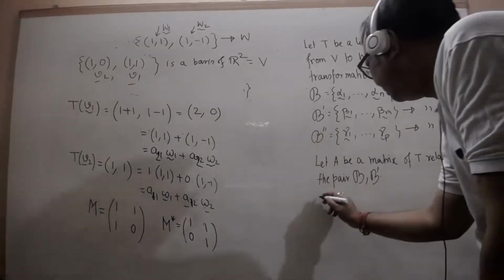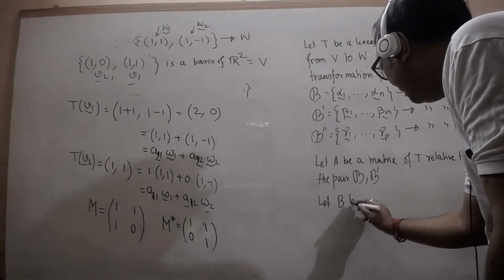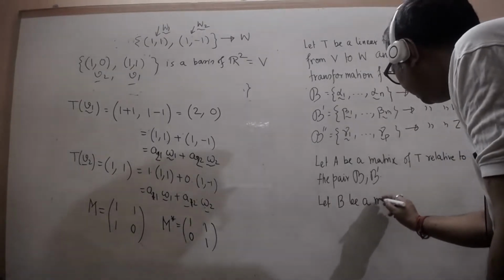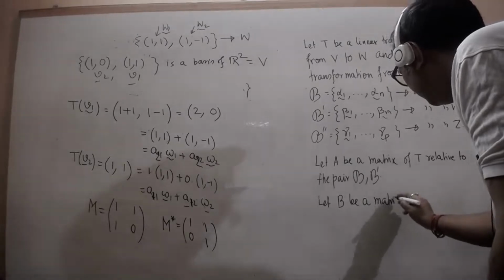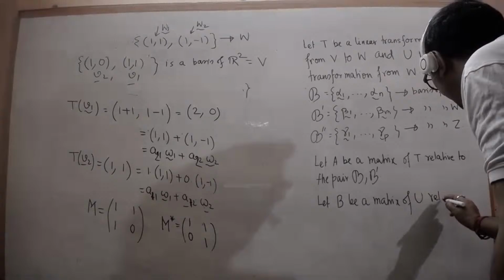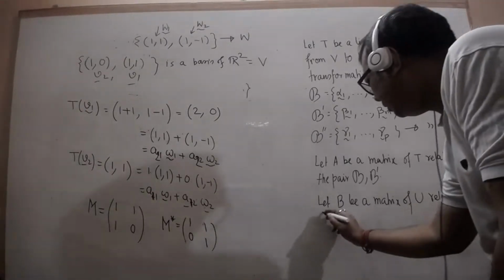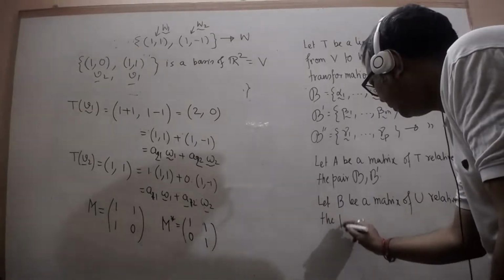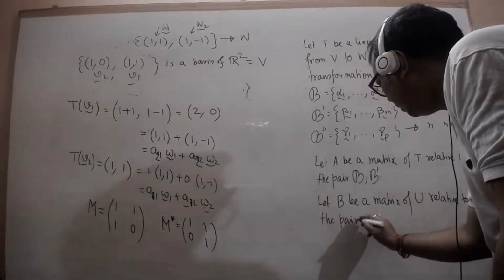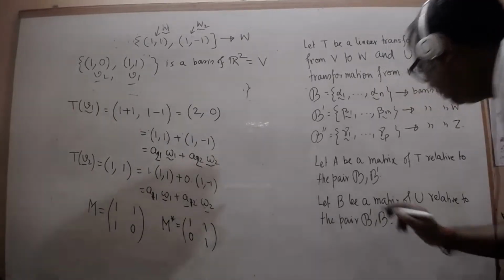Similarly, let B be the matrix of U relative to the pair beta dash, beta double dash.